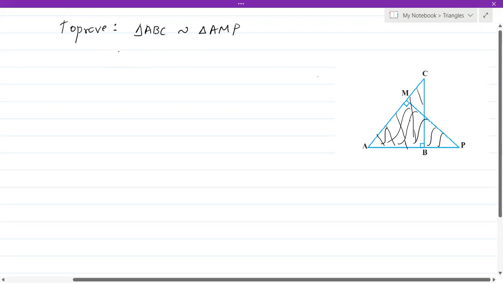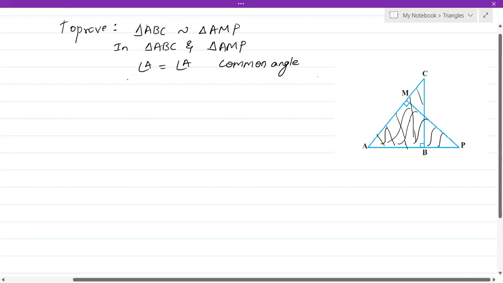We'll do that. In triangle ABC and triangle AMP, if you observe, in both the triangles, angle A is a common angle, isn't it? Angle A is equal to angle A, the reason being common angle.